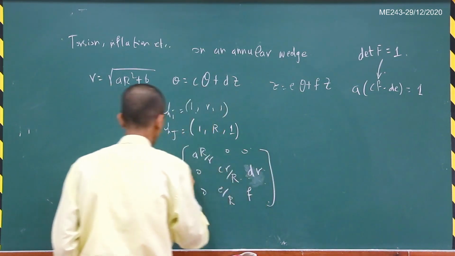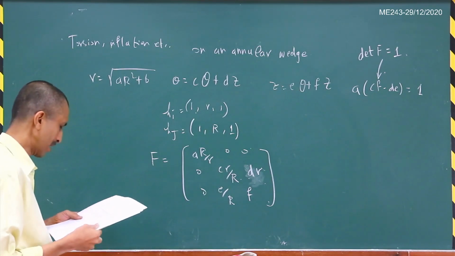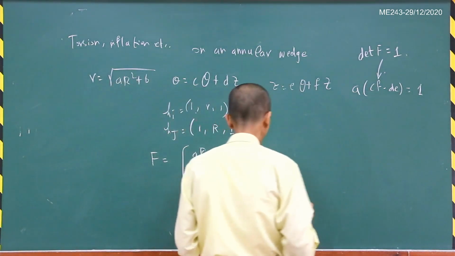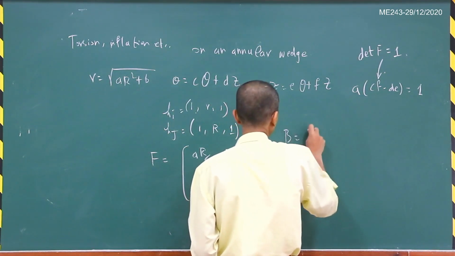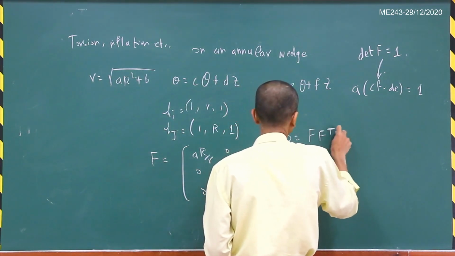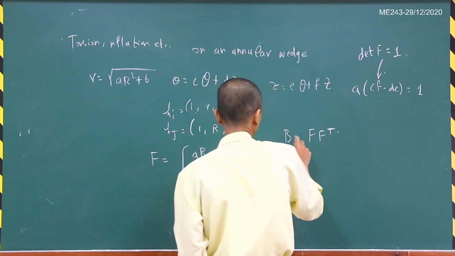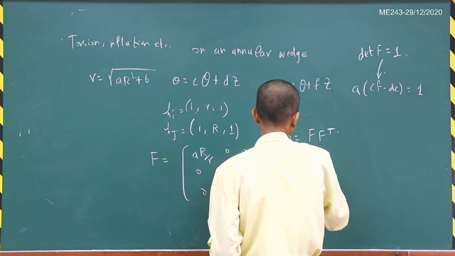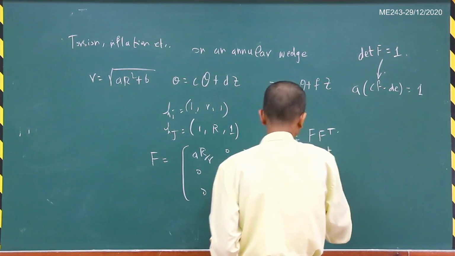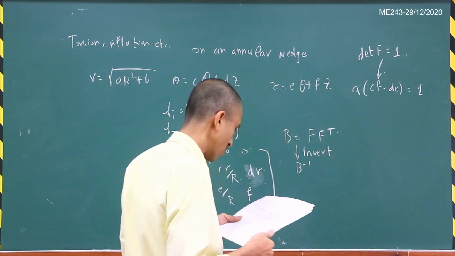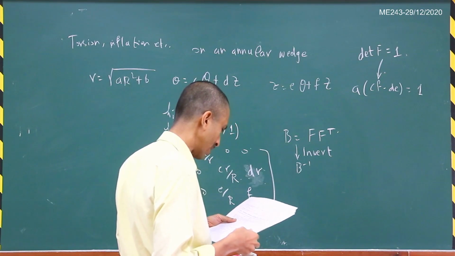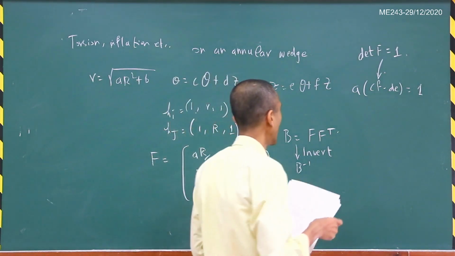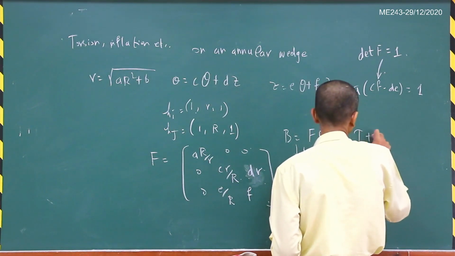So this is the deformation gradient, and then now you can find out what B and B inverse are. So B is equal to F F transpose, and similarly you can just invert this matrix in order to find B inverse. I will not go into all the details, but what you will find is that again tau plus pi is a function of r.